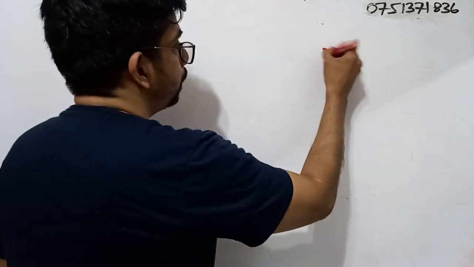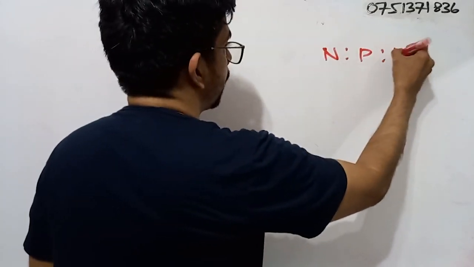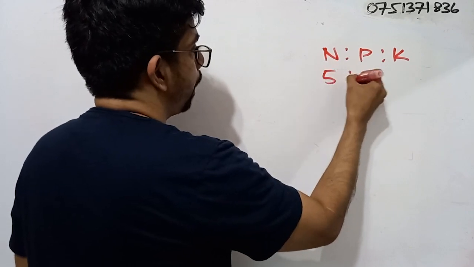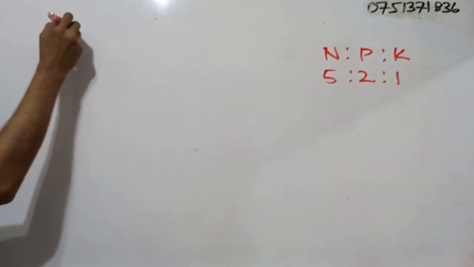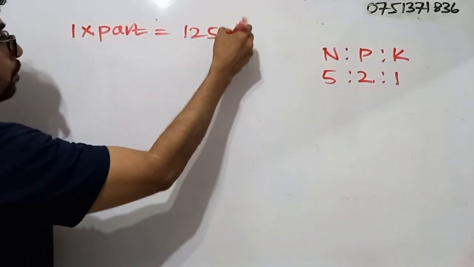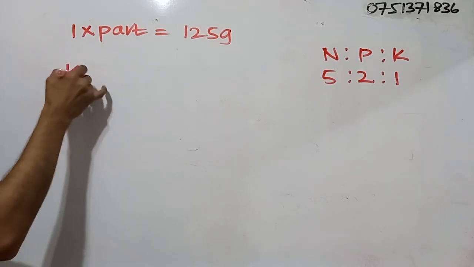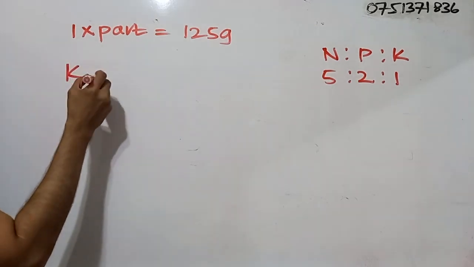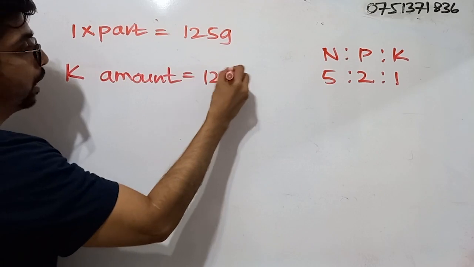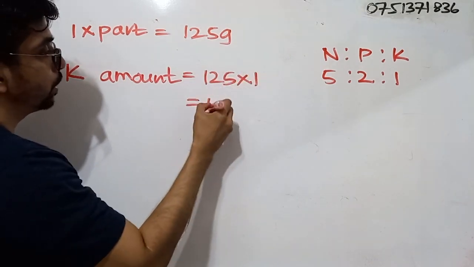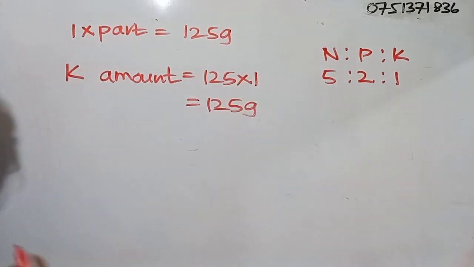If you can remember, the ratio of nitrogen to phosphorus to potassium is 5 to 2 to 1. The value of 1 part is 125 grams. So that means the amount of potassium is 125 into 1, which is 125 grams.